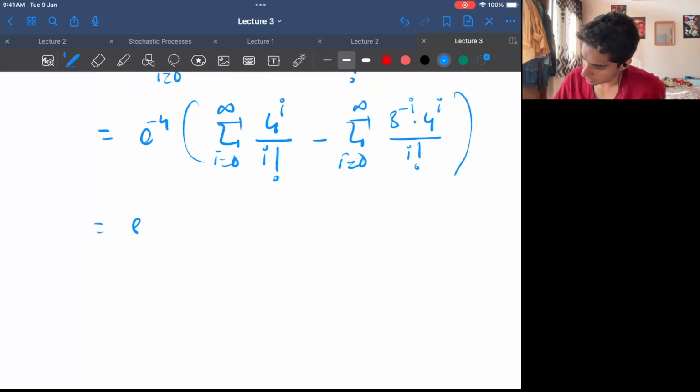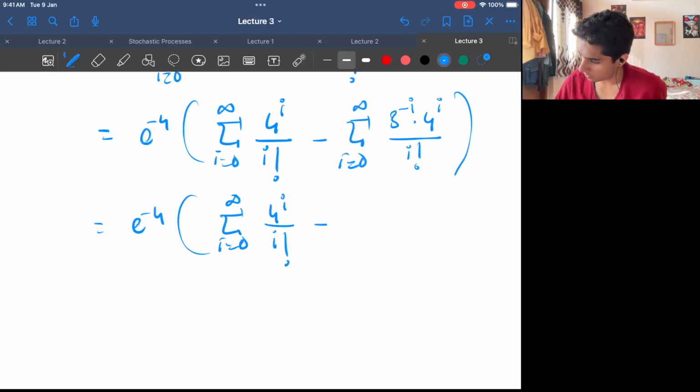This will become e raised to minus 4 times summation i equal to 0 to infinity 4 raised to i by i factorial minus summation i equal to 0 to infinity.